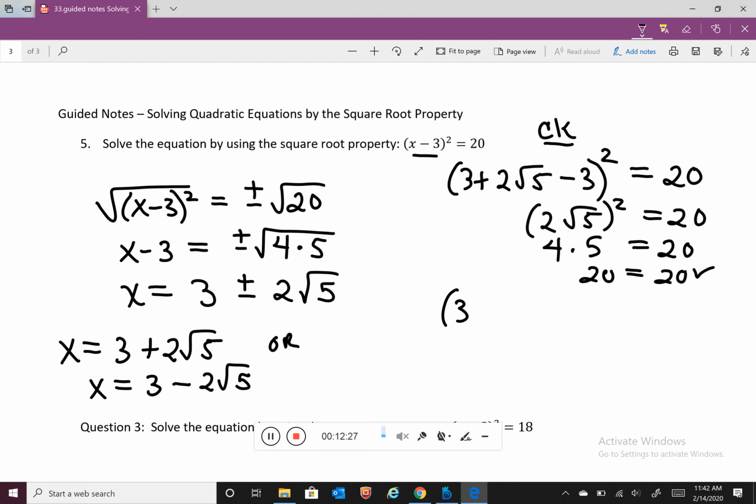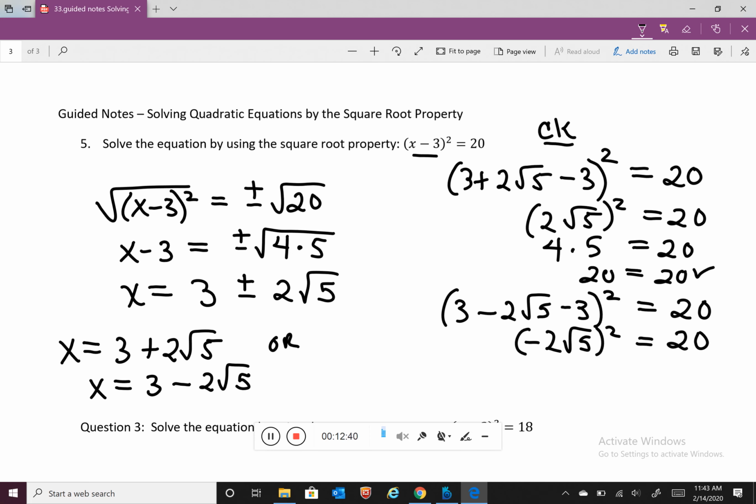And the next check is almost exactly the same. Notice again the 3's cancel, leaving us with negative 2 times the square root of 5. But a negative squared is a positive. 2 squared is 4. Radical 5 squared is 5, which produces our desired 20. So both solutions are correct.